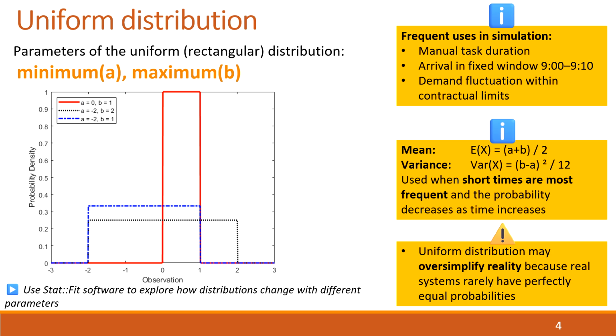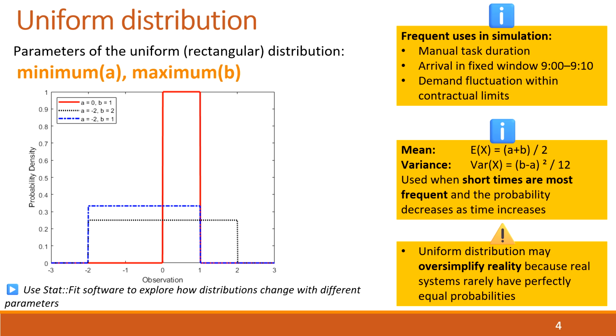The uniform distribution is defined by two parameters: minimum value, usually marked as A, and maximum value, usually indicated as B. All values inside the interval are equally likely. It's often used for manual task duration, arrivals within a fixed time window, or demand that varies within known limits.